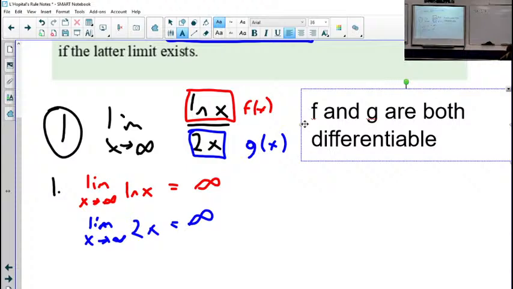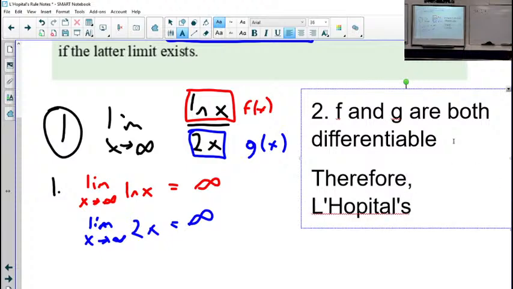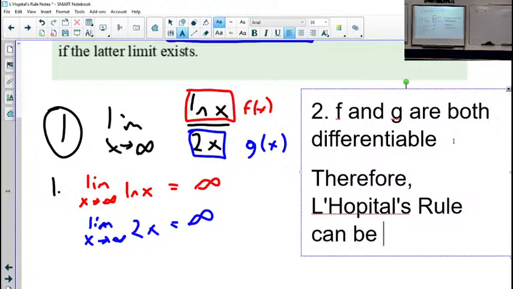And then 2x is definitely differentiable. So requirement number 2 is that f and g are both differentiable, and we've checked this. Therefore, L'Hopital's rule can be used.